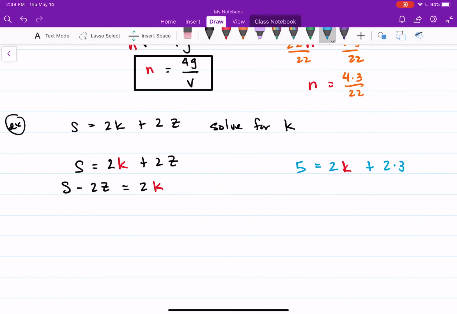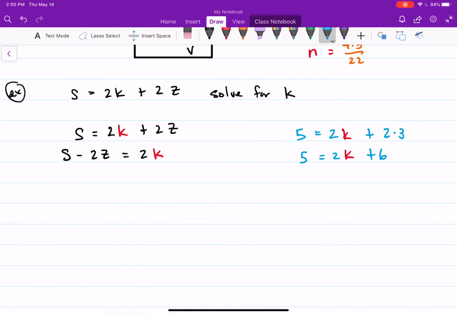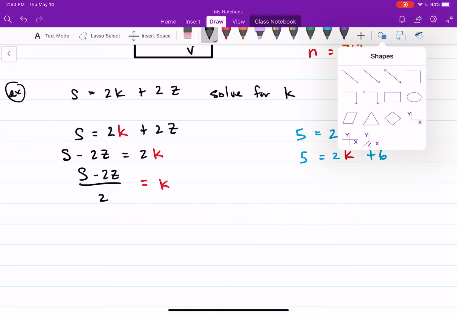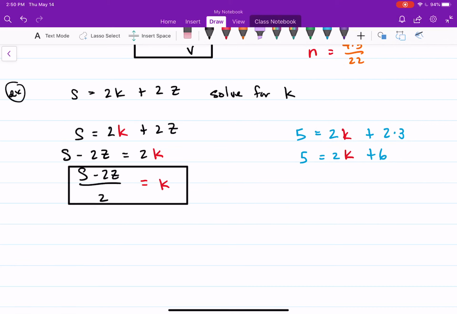So if I was to do this problem, I'd have 5 is equal to 2k plus 6. Well, how do I find k? I'll subtract the 6, and then divide by the 2. So over here, same thing, I would divide by 2. So then I've got k is equal to S minus 2z divided by 2. And that's all it is.